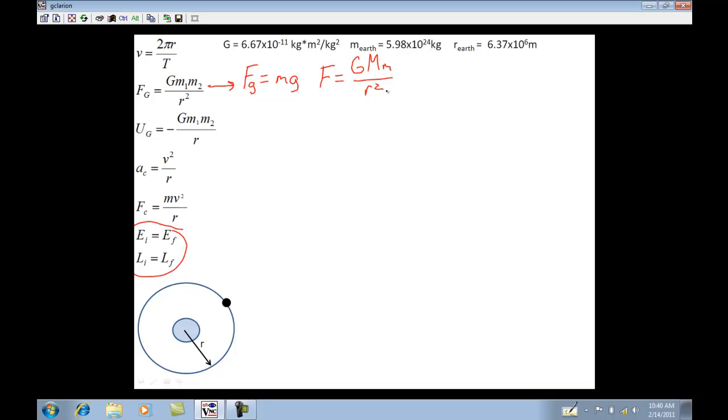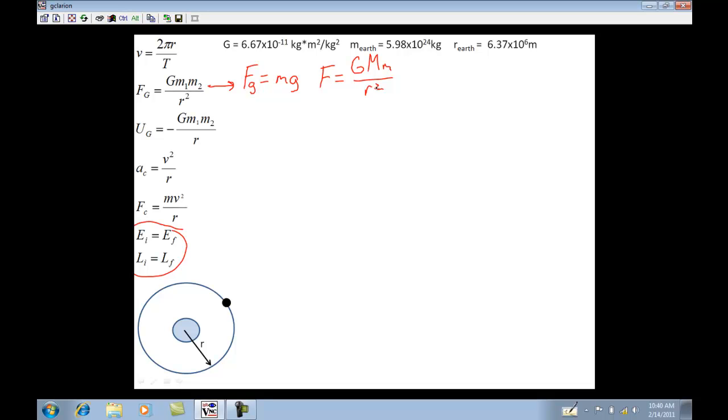Okay, so this is an equation we've seen before. This is the force due to gravity between two objects. All right? The little m represents a mass on that planet, or near the planet, or just a person. So the big M would represent the mass of the Earth, the little m would represent the mass of a person, and r would be the radius of the Earth.